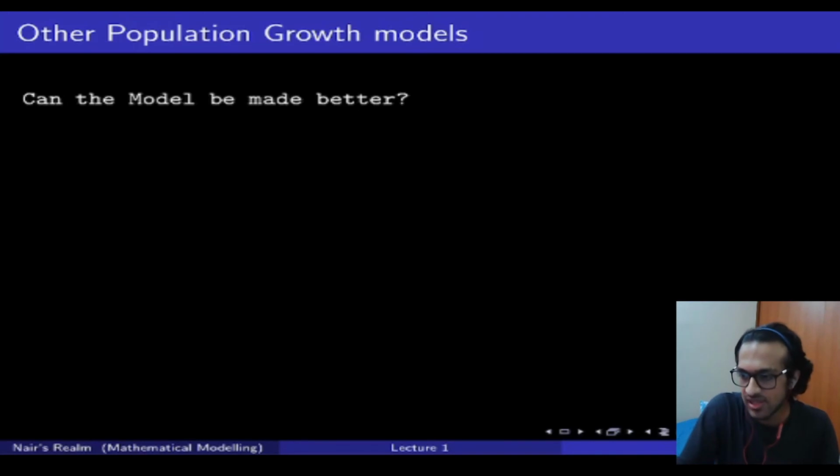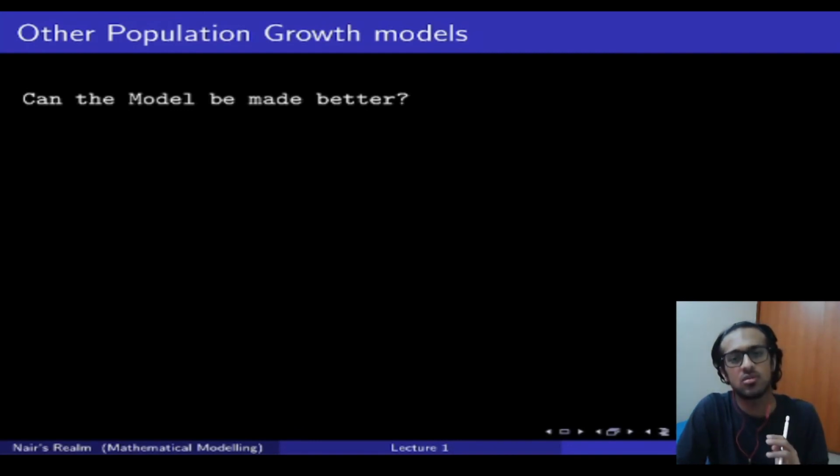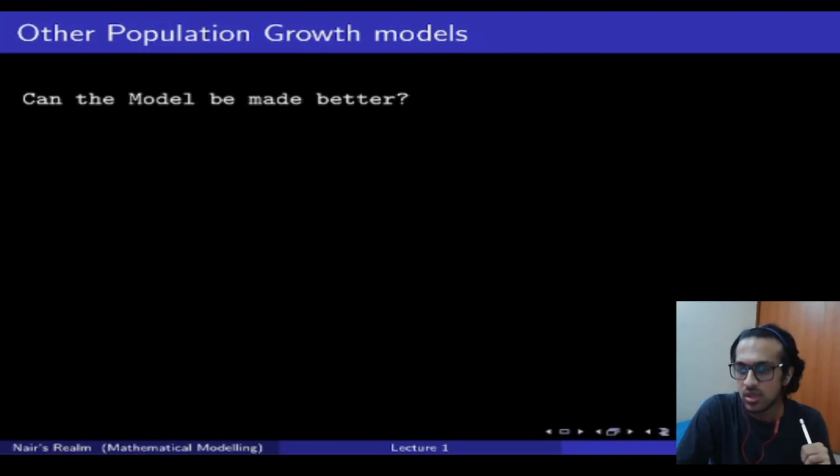The hint is essentially that the biggest difference between back in the day and today is that today there is a resource crunch. We don't have infinite resources for everybody. We don't have enough resources to make sure that everybody survives. There is a limit or a cap to our population capacity, like the density of our population is limited.